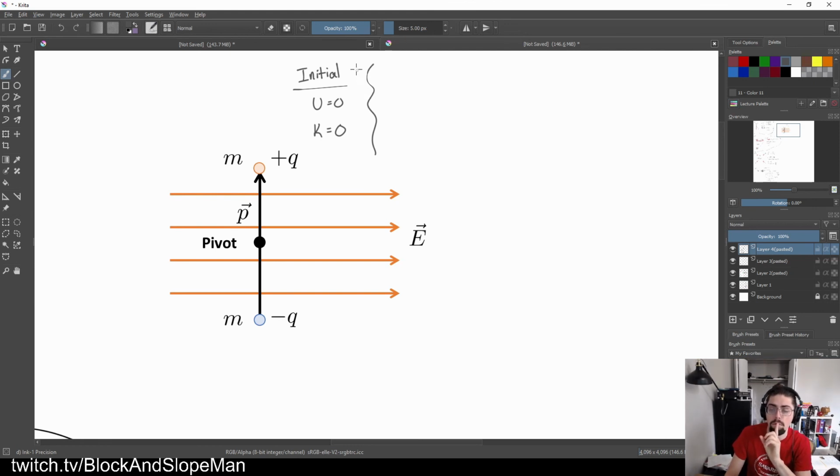Which maybe raises some red flags for you, and that's okay if it does, but let's talk ourselves through this. We are interested in the point once this has rotated down and it is aligned with the electric field, right? That's where those two charges would be going. What does that mean? Well, in my final state, I would be expecting to see that my total potential energy would be negative PE cosine of theta.